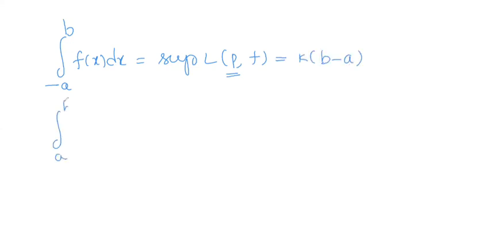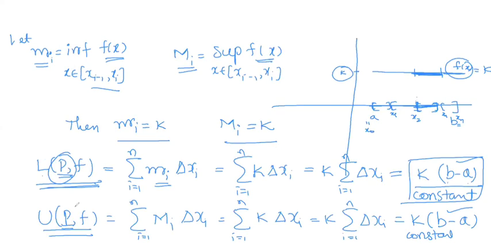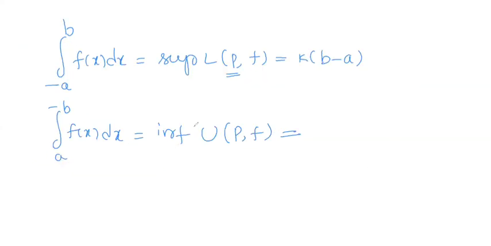Now, if I consider the upper Riemann integral, we define it to be the infimum of all upper Riemann sums, right? But for any partition P, once again, the upper Riemann sum is a constant. It never changes. It does not vary. So the infimum of all those constant values is the same. It is k into b minus a. So this is the lower Riemann integral. This is the upper Riemann integral.